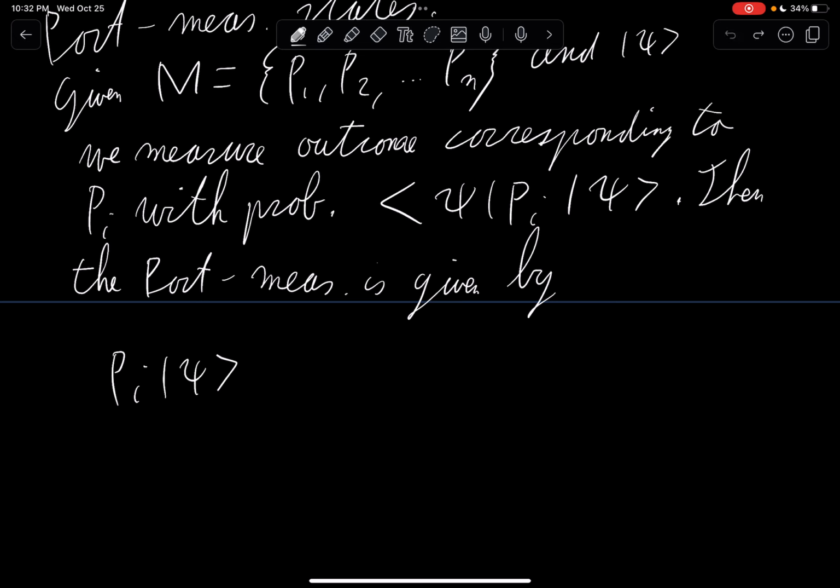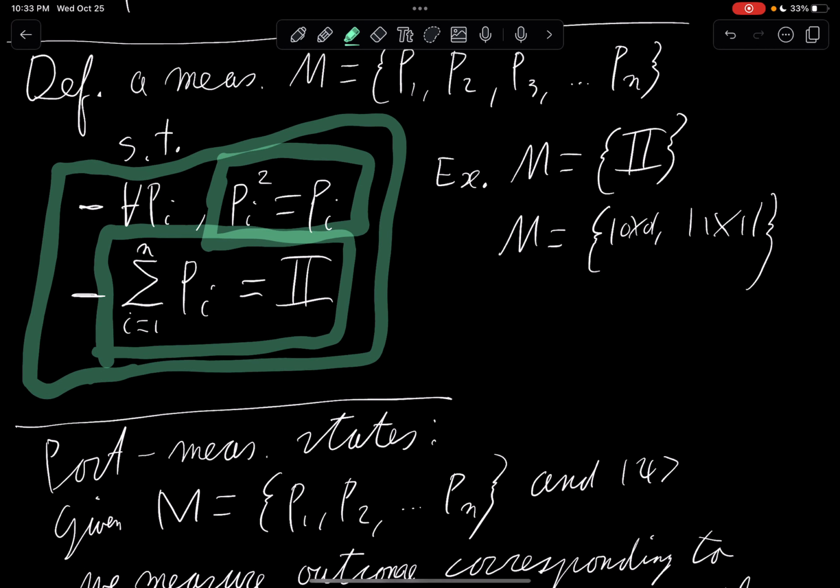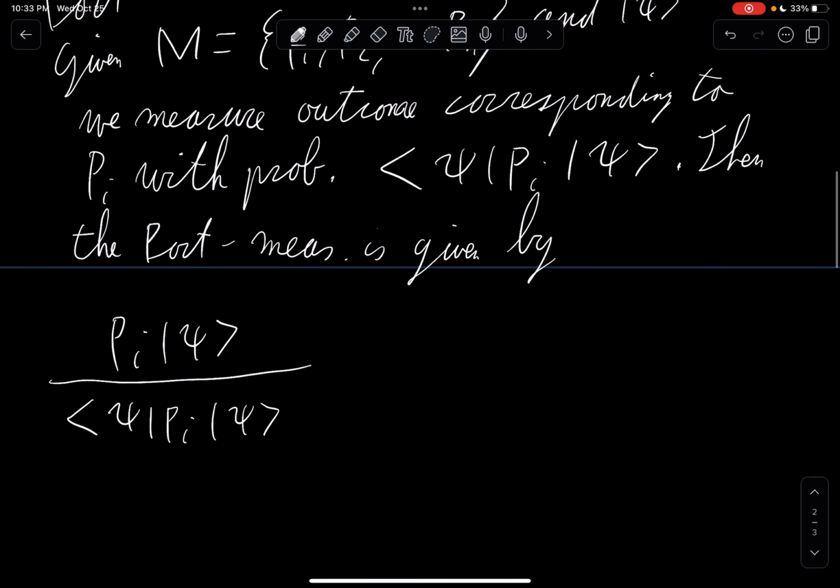Let me write it slightly differently. So at the top, we just apply the matrix or the projector. Maybe to emphasize, this top property here means that pi is a projector. So we apply the projector to our state.